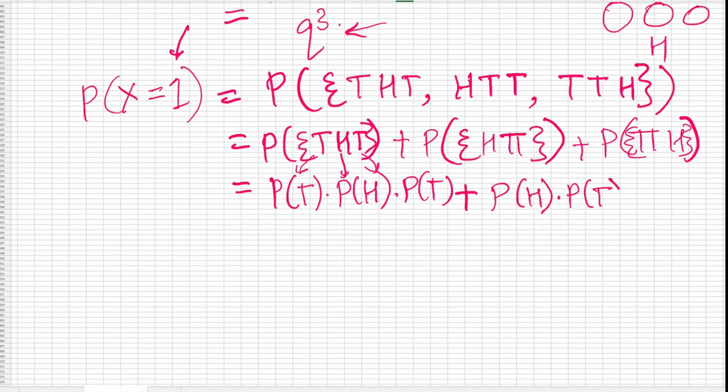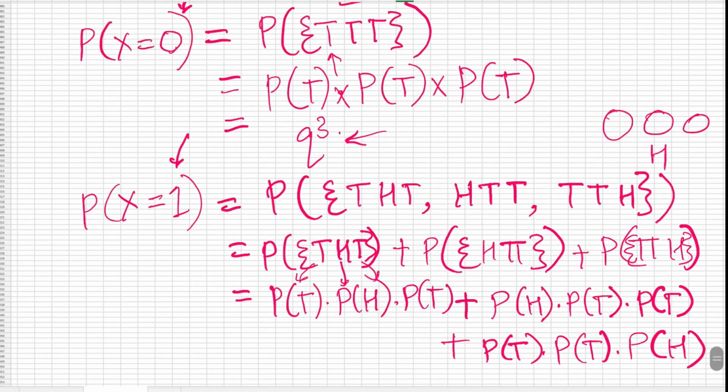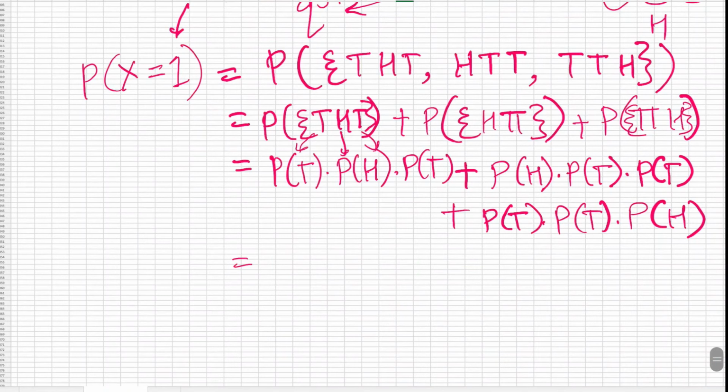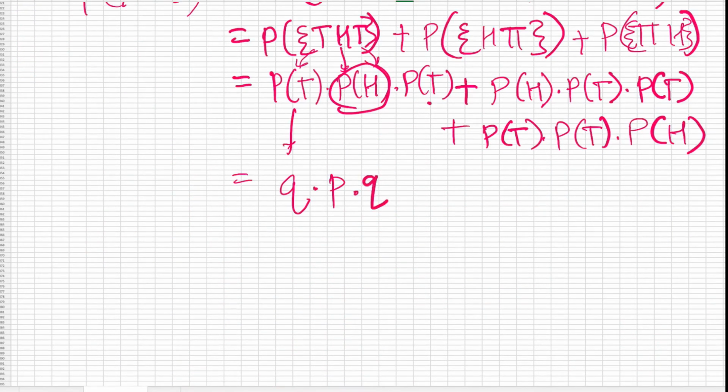So we get probability of failure multiplied by probability of success multiplied by probability of failure. For PT we have Q, so just write down the values: Q multiplied by P multiplied by Q, because for probability of success PH we have already defined P, and probability of failure is Q.